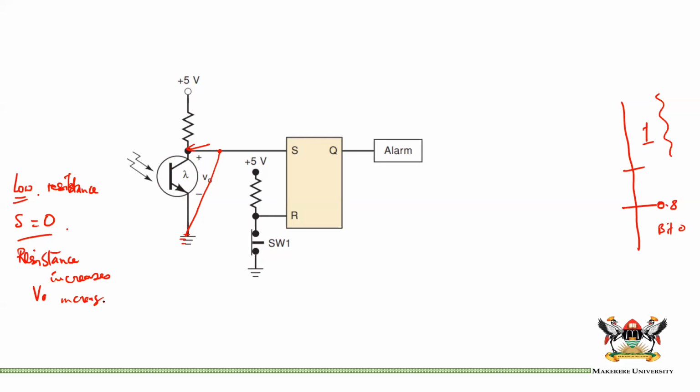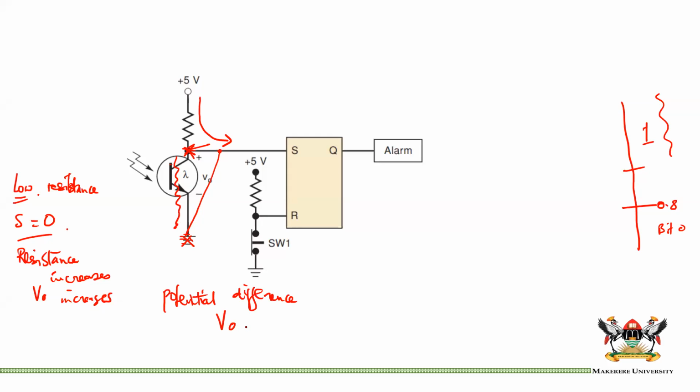I try to explain it in a simple way, but what we know is that current follows the line of least resistance, naturally. So if there is a lot of resistance created here, the current will basically enter that, and the voltage between this position and the ground is what we call the potential difference across the phototransistor, but it is like a resistance in this case.